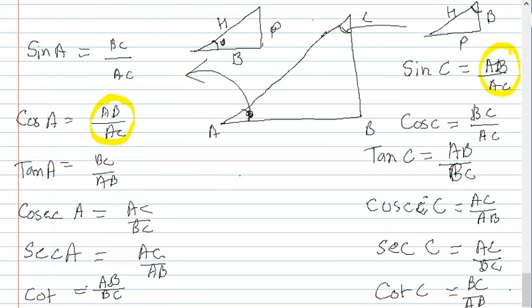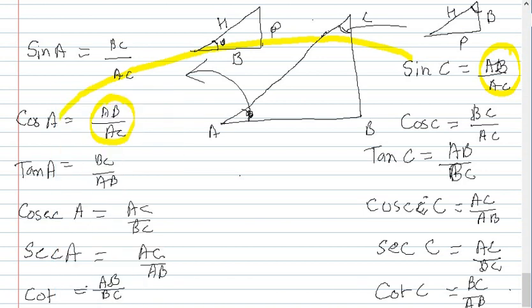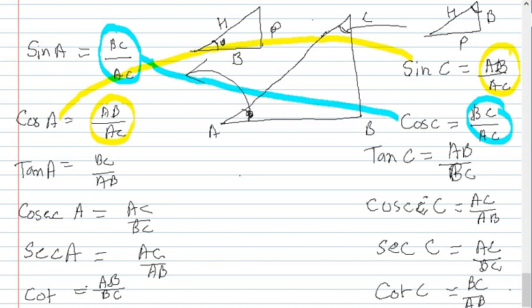So this means that cos A is same as sin C. For the others, similarly, see this, BC upon AC, so this becomes equal.